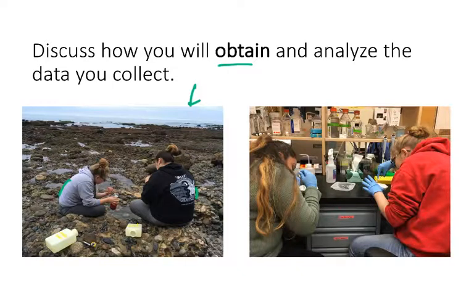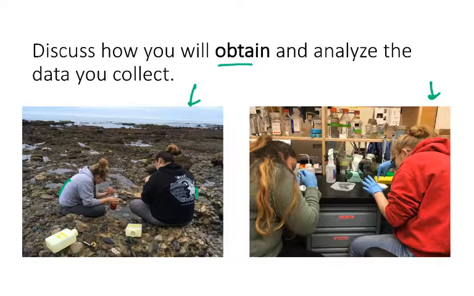And then again, depending on what type of aim you're proposing or what type of experiment you're doing, you might also from that point need to obtain the molecular samples from your specimens, right? So we've collected them on the left from the field, and the next thing we need to do is actually take a tissue sample. That's what they're doing here in this picture on the right, taking a small piece of the foot of the snail to use as a tissue sample that they can then extract DNA or RNA from.